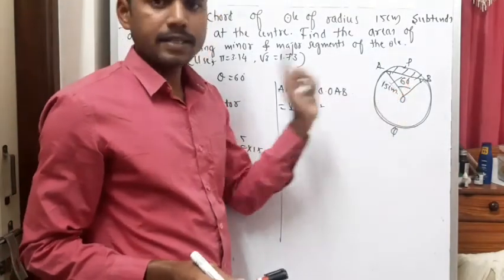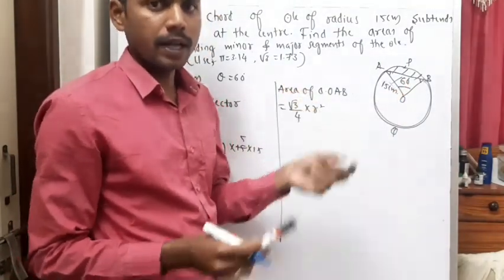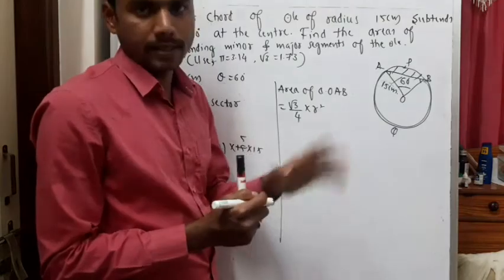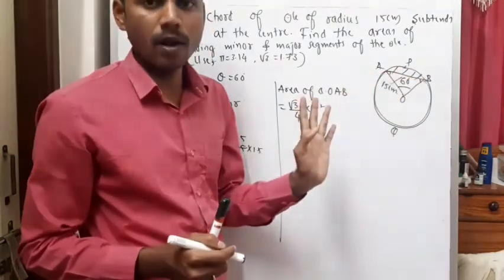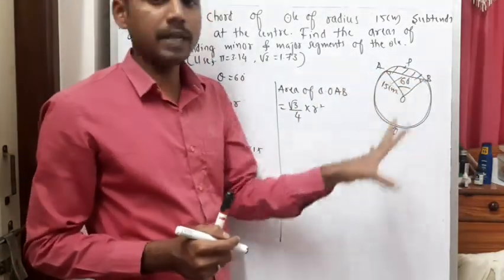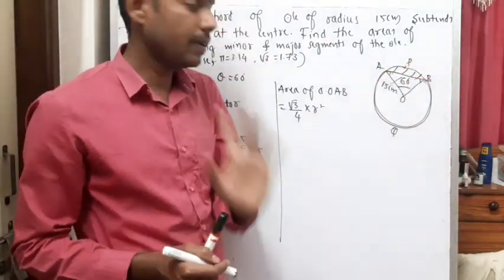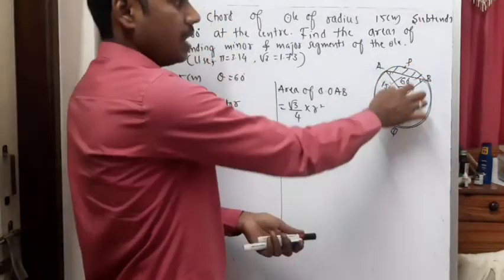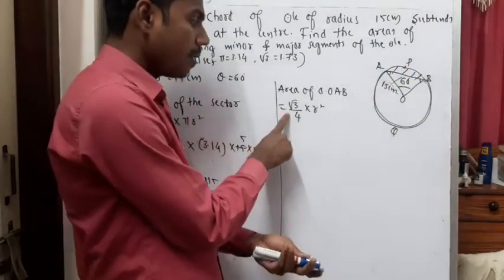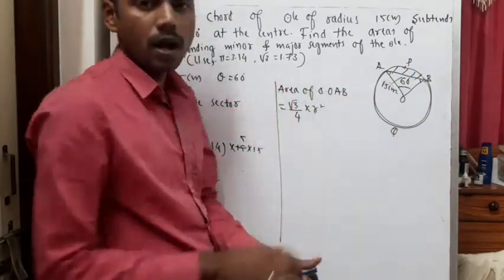So 180 minus 60 is 120, 120 divided by 2, because these two angles are equal, then obviously these two angles will be equal to 60 degree. That is the reason we call it an equilateral triangle. In case of an equilateral triangle, the area will be root 3 by 4 r square.